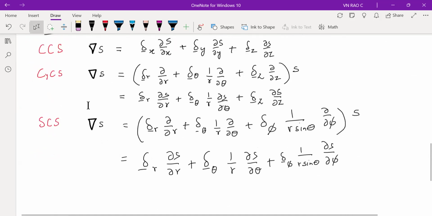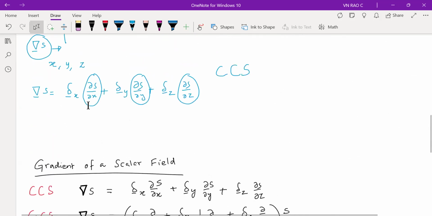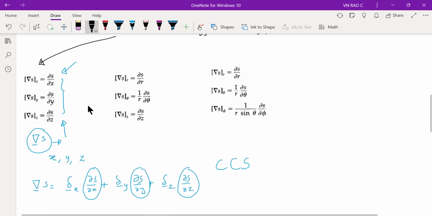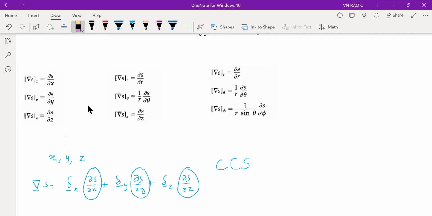So the next part will be the directions or different components of these vectors. See, once you say there is a vector, it should have components, right?